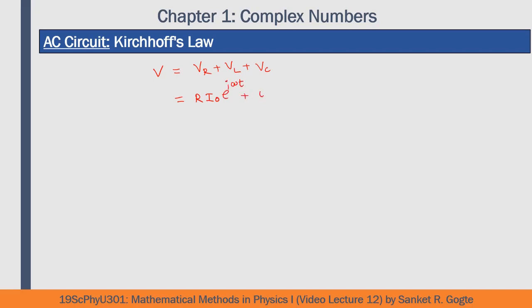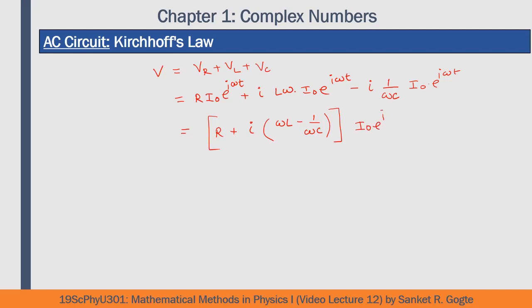This is i into L omega into I0 into e to the power i omega t, and the last term is minus i into 1 by omega c into I0 e to the power i omega t. This is therefore R plus i into omega L minus 1 by omega c into this whole term is multiplied by I0 e to the power i omega t.